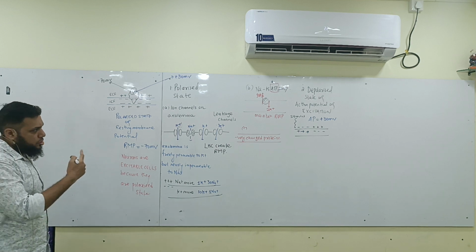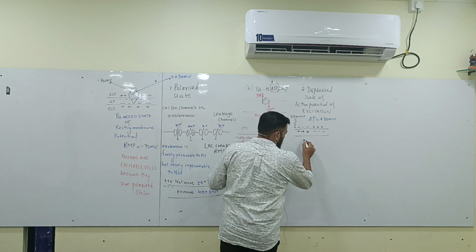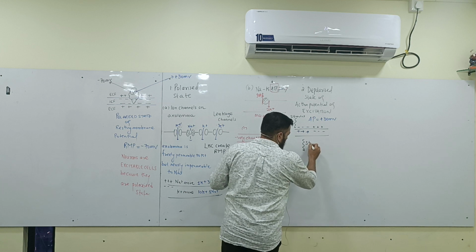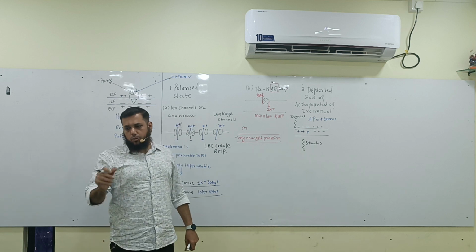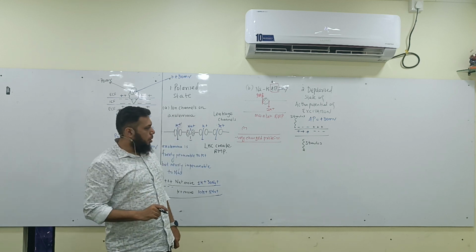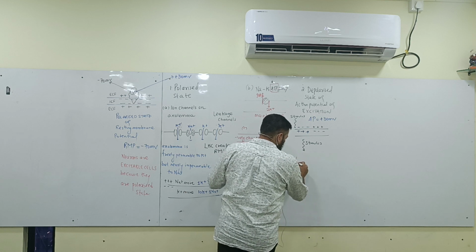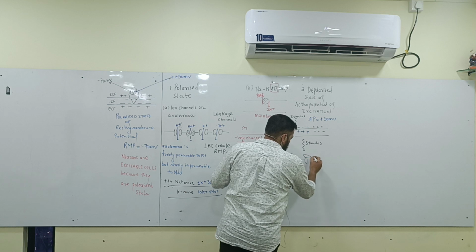Now let us see how this state comes. So there is a stimulus. It could be you touching a hot object, which is a stimulus. Because of the stimulus, on the axolemma, there are some ion channels.